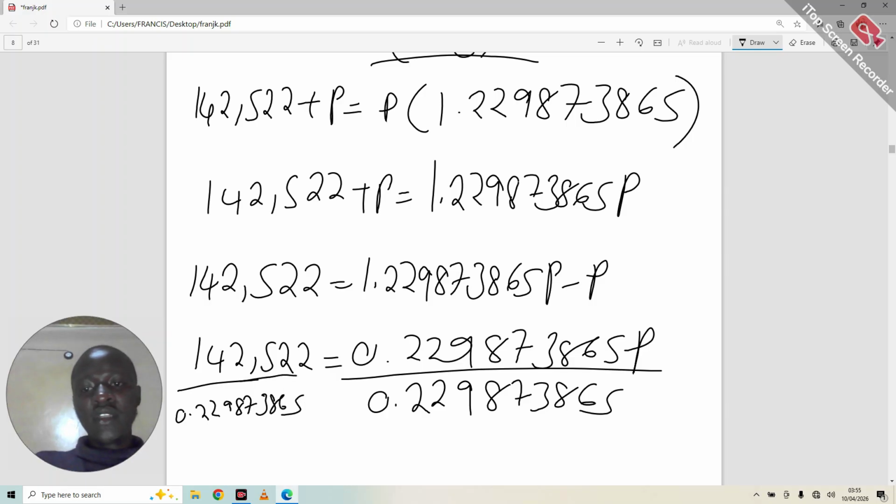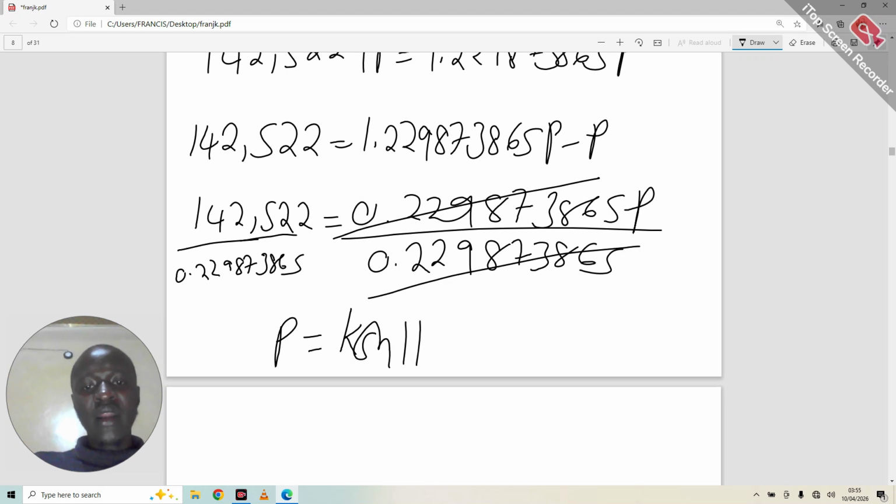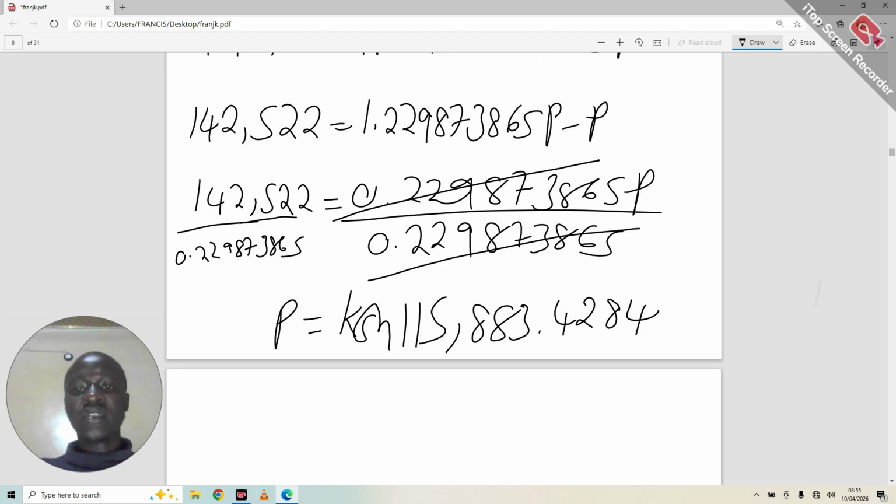0.229873865. So this will cancel this. Then what will be the principal for Omondi? Having 142,522 divided by the denominator, Omondi's principal will be 115,883.4284.